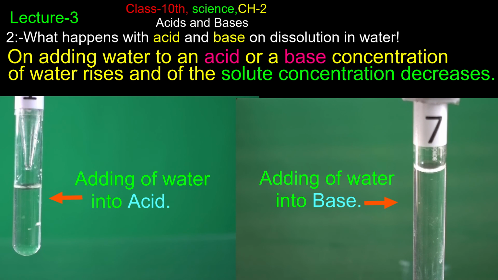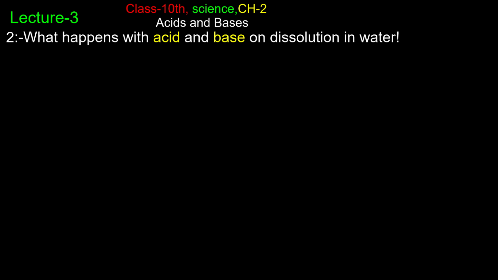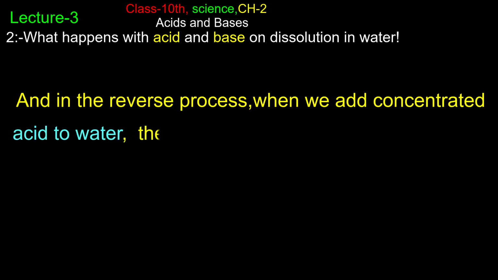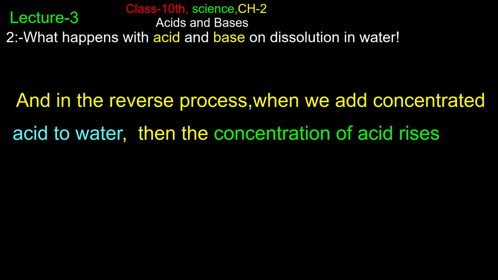On adding water to an acid or a base, the concentration of water rises and that of solute concentration decreases. And in the reverse process, when we add concentrated acid to water, then the concentration of acid rises in that water.